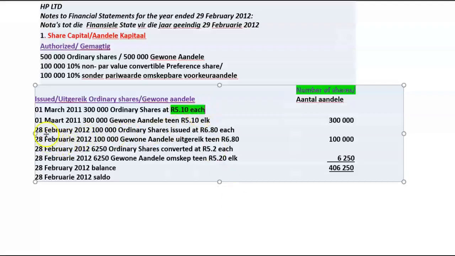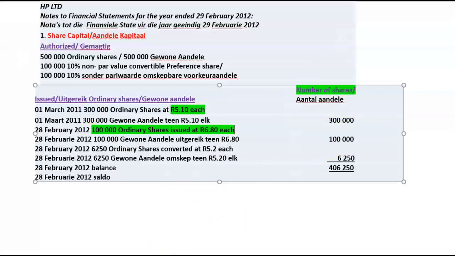Then right at the end of the year, you have to show the dates. Do you see that? We have issued a further 100,000 at R6.80 per share. It is the number of shares that we have to use.